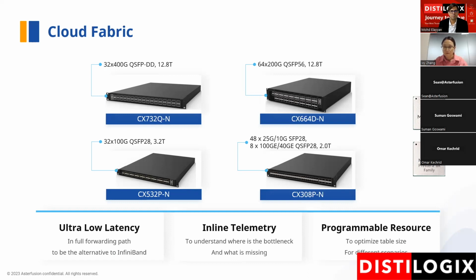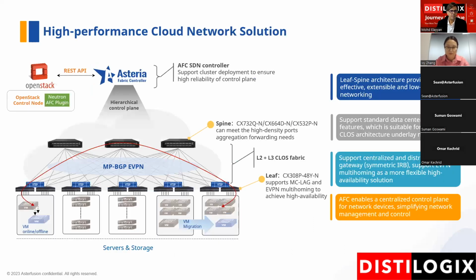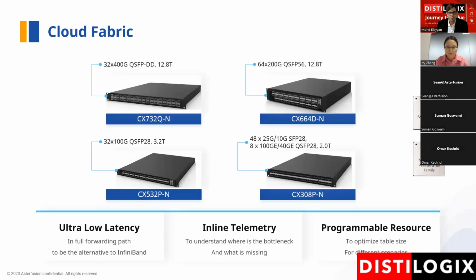CX-N series switches are using Teralynx switch chip for ultra-low latency, and they can support in-band telemetry for better monitoring and maintenance experience. So Sean, these are best positioned for the spine of the network, right?